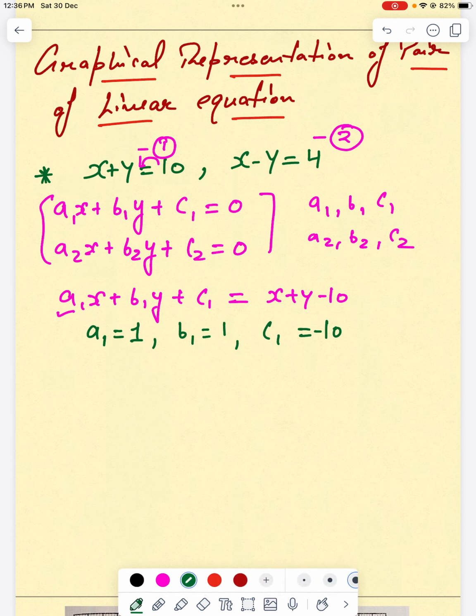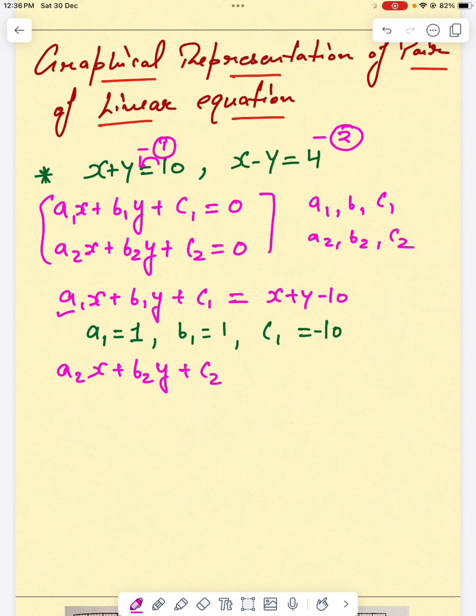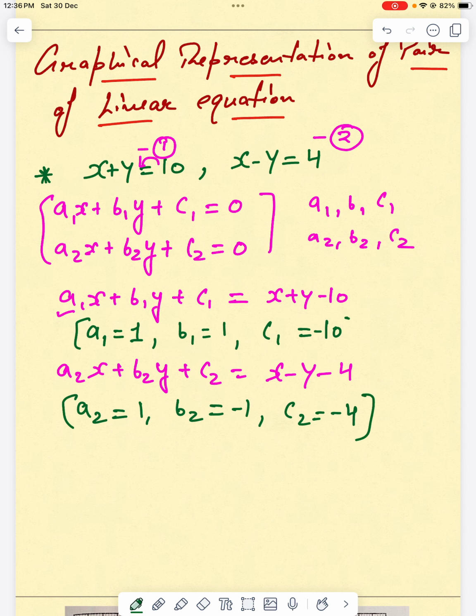Similarly, compare the second equation also. The second equation is x minus y minus 4. So a2 will be 1, b2 is minus 1 and c2 is minus 4. So this is the way to find the coefficients of the linear equations.